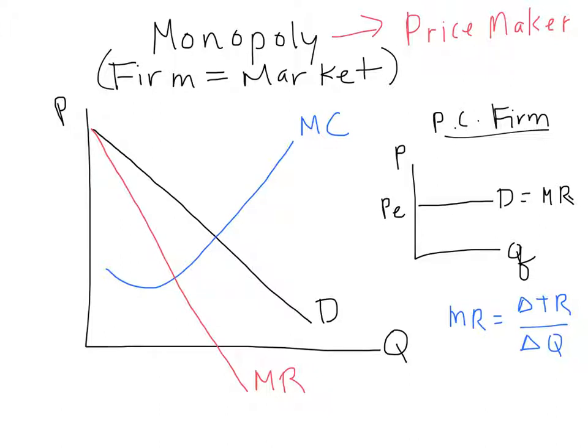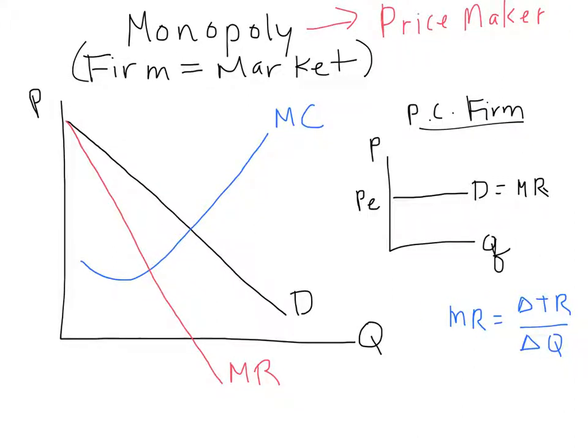So let's return to our monopoly graph and ask, where is this firm going to set its output? Well, we know that it's still going to follow that basic profit maximization rule. And recall that that rule is to choose output so that marginal revenue equals marginal cost. Okay?